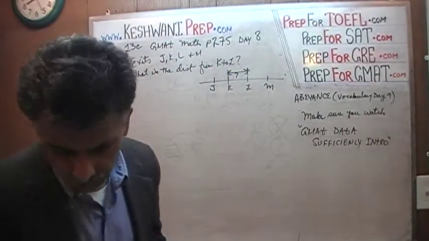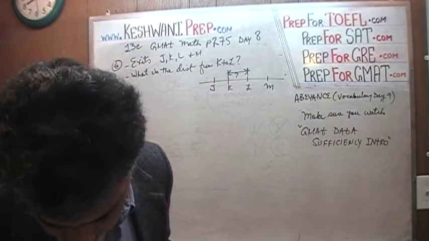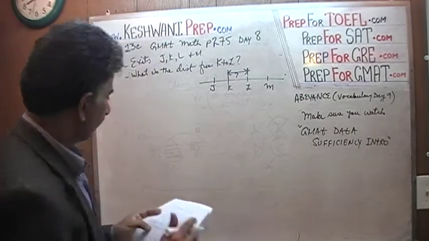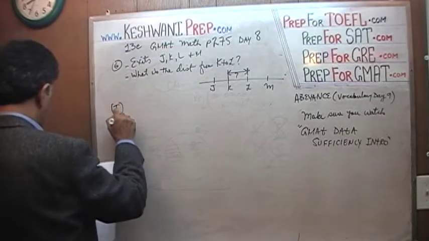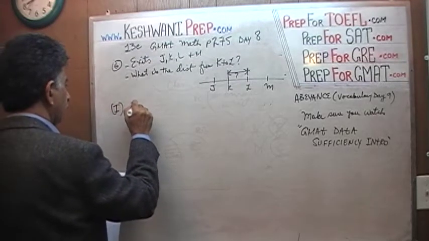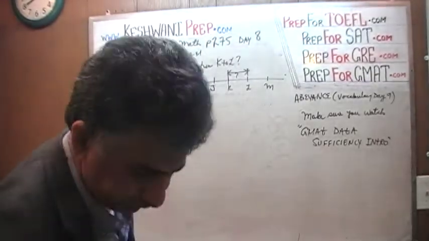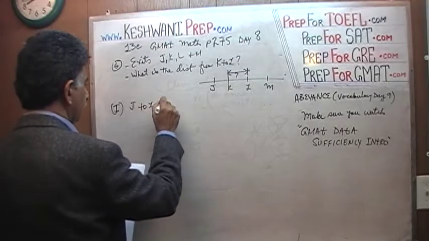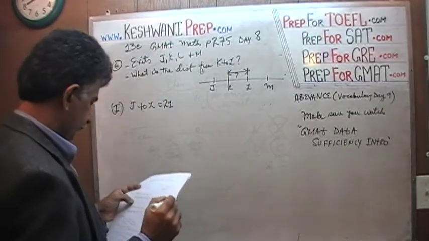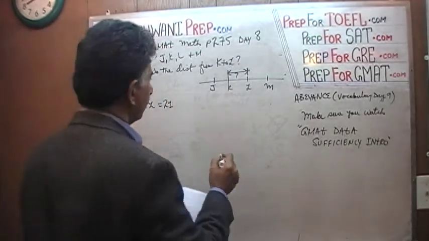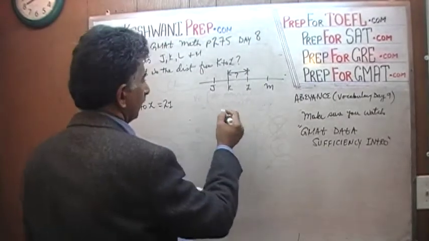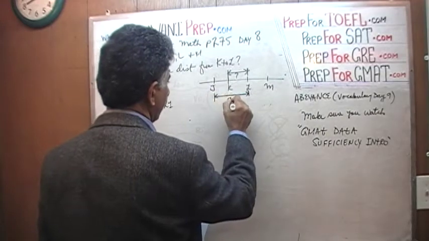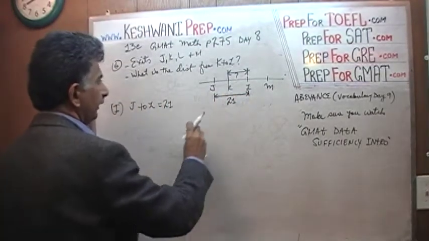Let's look at the first statement. The first statement tells us that the distance from J to L is 21 kilometers. Let's see what we can do here. Knowing that J to L is 21 kilometers, does that help us?